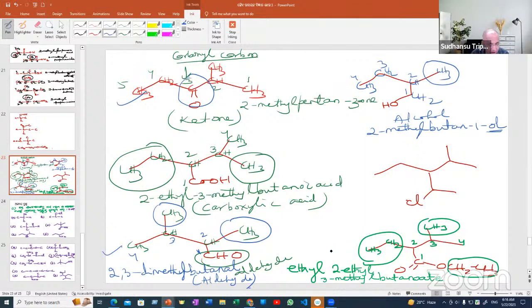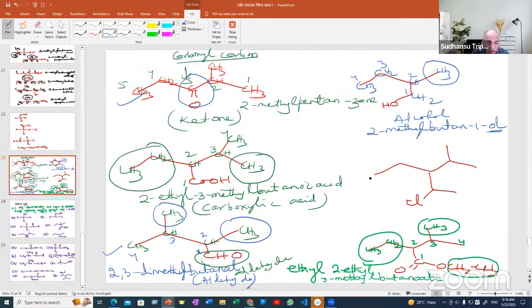But here the IUPAC recommends that the direction in which an alphabetically senior group or the locant of a branch will be smaller. So if you go in this direction, 1, 2, 3, 4, 5, then the locant will be 2 and 3.